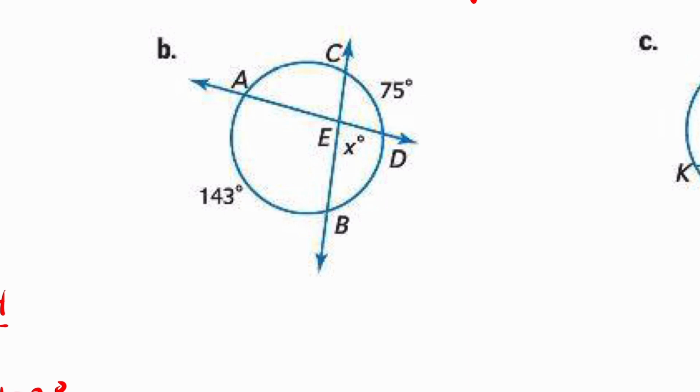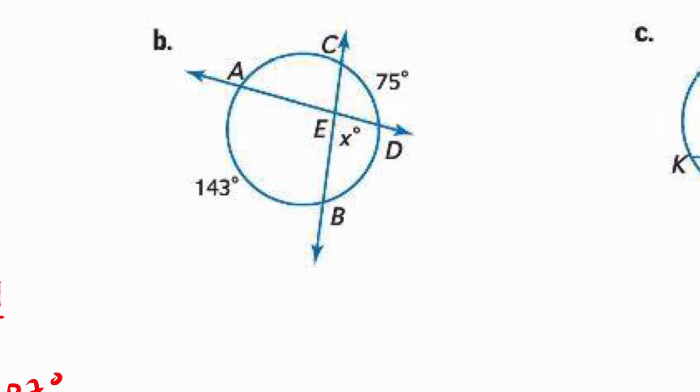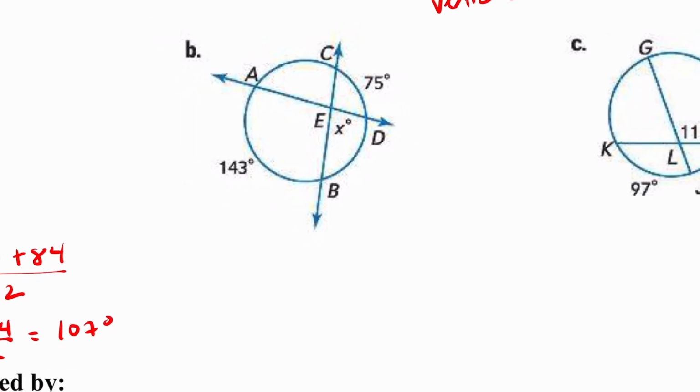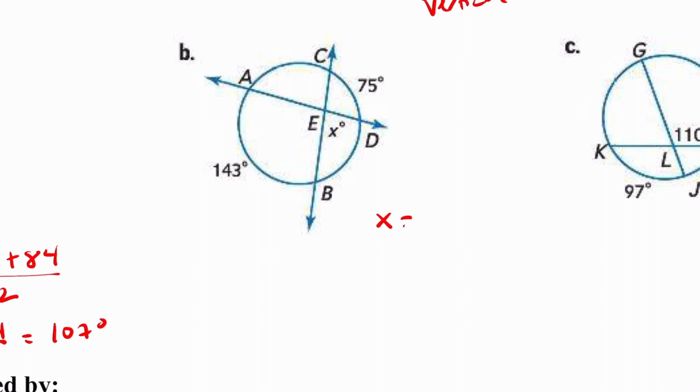For B, if we ignore these things here, we still have a chord situation. The angles are inside the circle. So I need to figure out x here, right? If I do x equals, it has to be this arc plus this arc over 2. But notice that we don't have a number here and a number here.